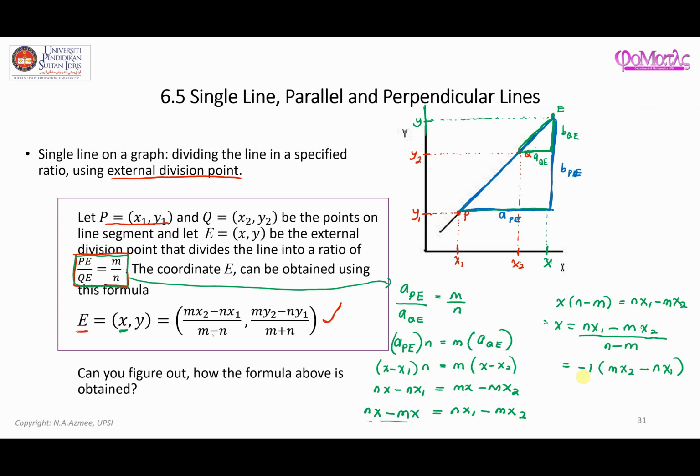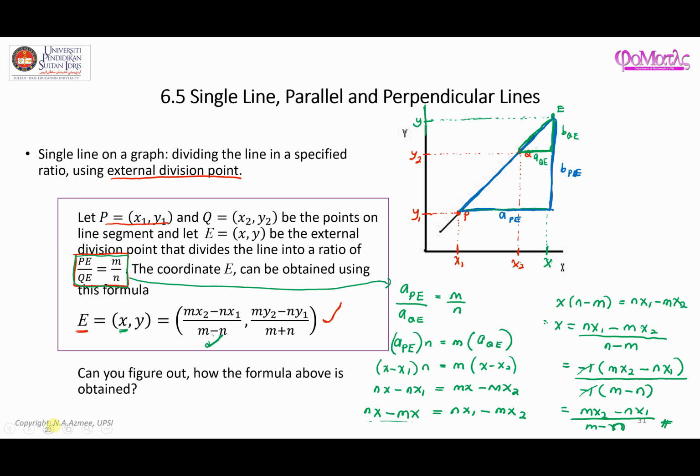I'm just manipulating the top part first. And similarly, I'm doing the same thing for the bottom part. I'm factoring -1 out, so that will be m minus n. And so -1 can be cancelled. So x is just (mx2 minus nx1) over (m minus n). And so this is similar to what you have seen over here.